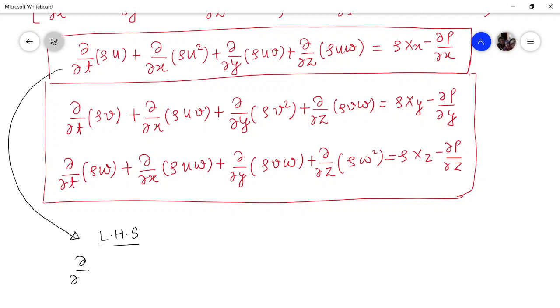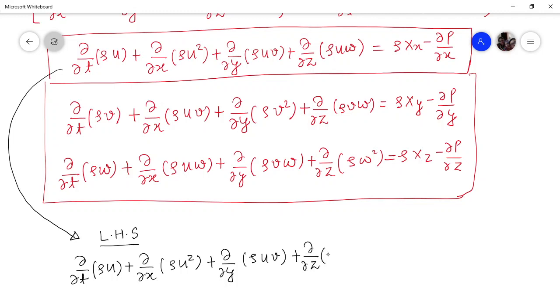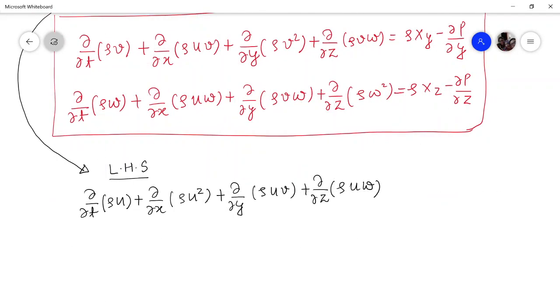That is ∂/∂t(ρu) + ∂/∂x(ρu²) + ∂/∂y(ρuv) + ∂/∂z(ρuw). Now if you write this equation in the form which I suggest, you will be able to appreciate it very well.